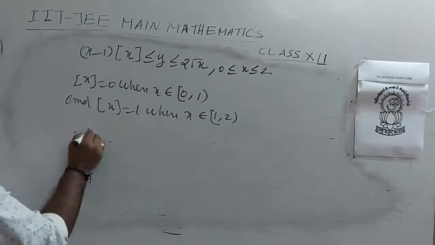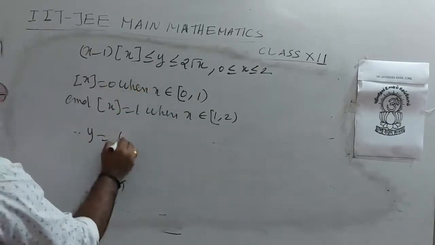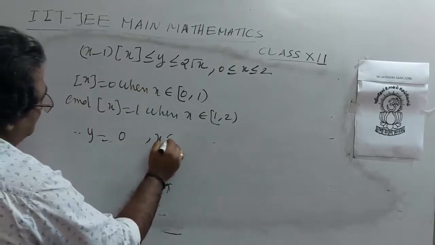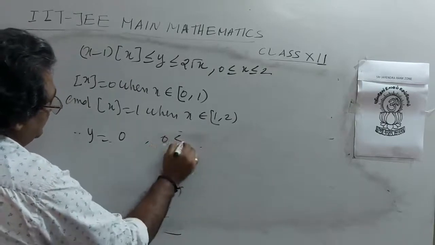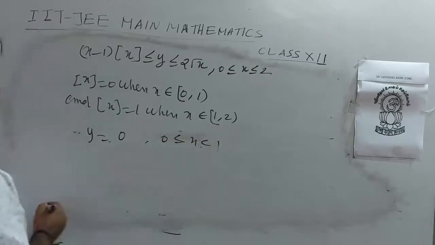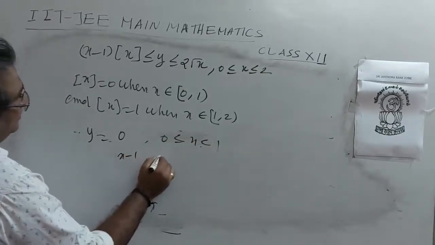Therefore, y is from 0 for x in 0 to 1, and x minus 1 after that.